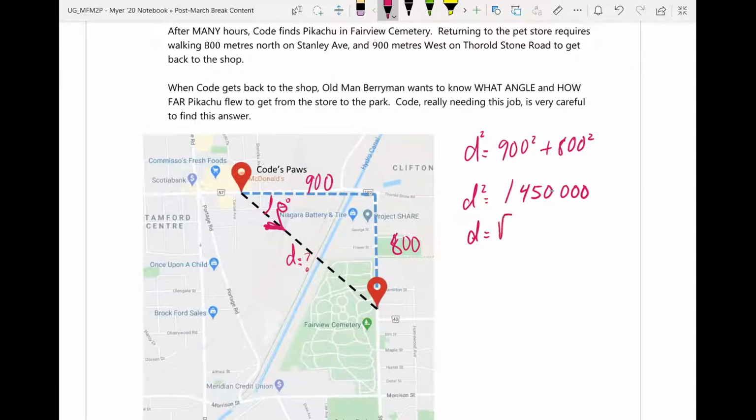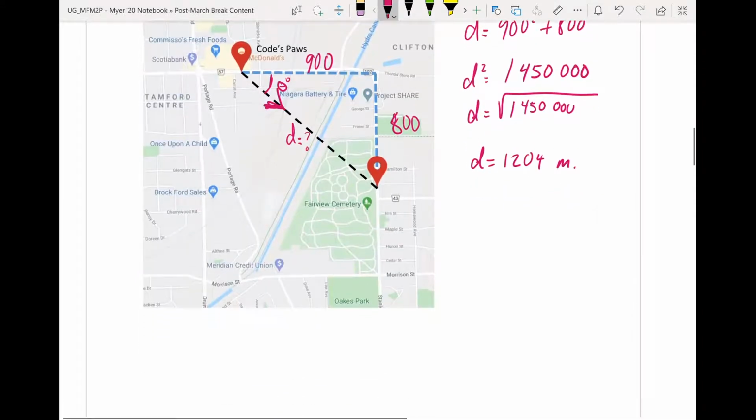I'm going to take the square root of 1,450,000, and D is equal to 1,204. And it's in meters. All right, so now I figured out the distance.